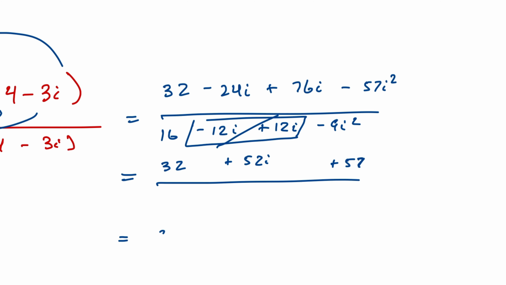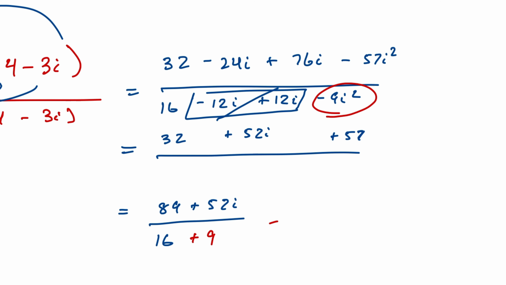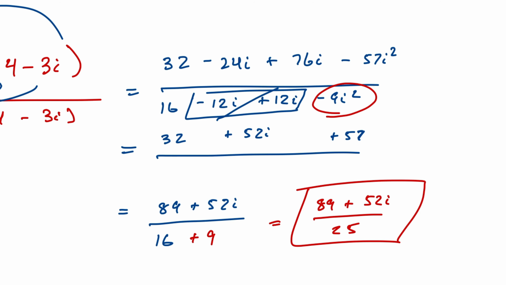Yeah, 89 plus 52i. All of this will be over. We still have that 16, and then it's right here, negative 9i squared, which that i squared is a negative 1, so it becomes a plus 9. And we end up with 89 plus 52i over 25, like that, okay?